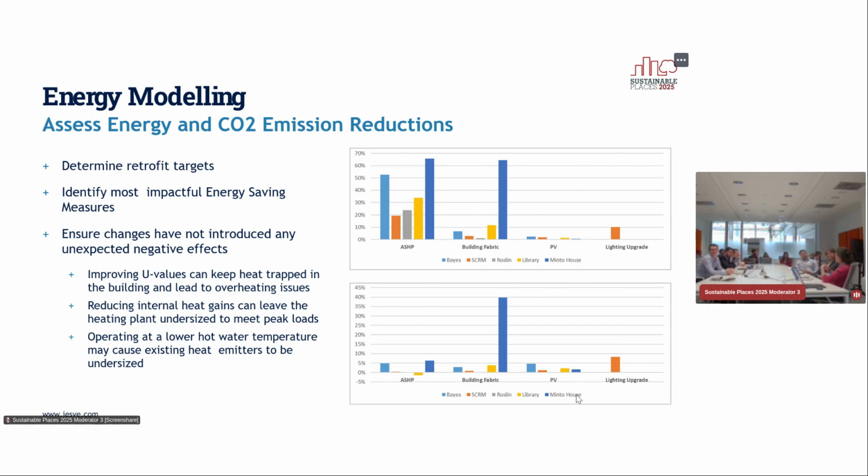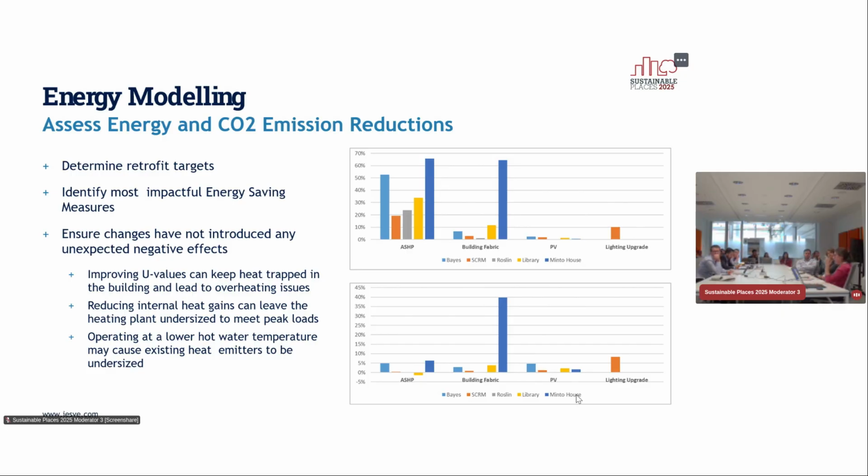So it would also need an upgrade of the radiators to accommodate that air source heat pump. It may also come with an improvement of the building fabric and the air tightness to minimize the heating loads and ensure that the air source heat pump upgrade, which is now a very common retrofit solution, is successful.